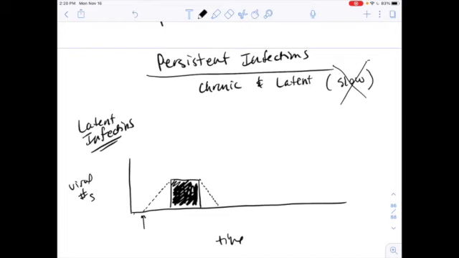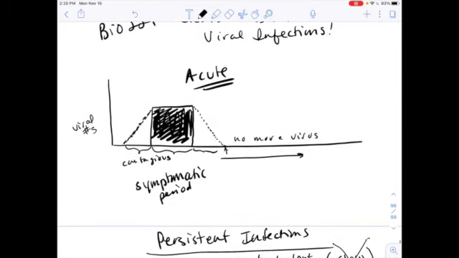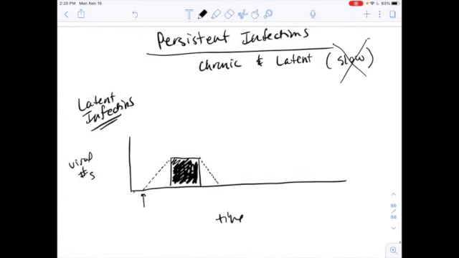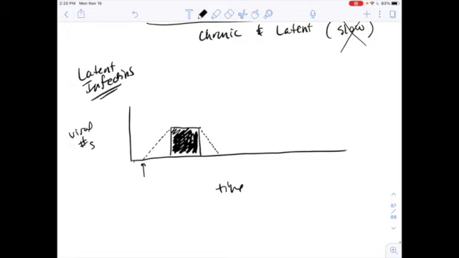But unlike an acute infection where there's no more virus, a virus that displays a latent infection hangs out in your cells. So even though viral numbers are down here, virus is still present in some cells.